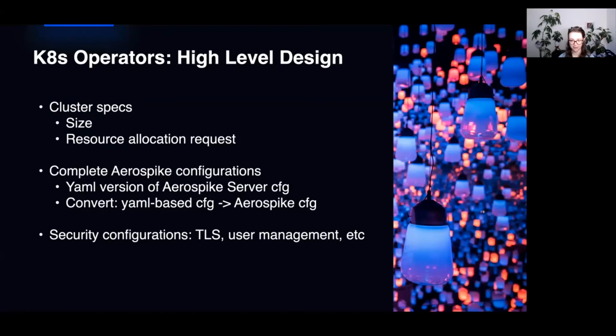And it handles the complete Aerospike configurations. So yes, it has the YAML version of the Aerospike server configuration, and it converts from the YAML-based ones to the Aerospike language configuration. It also handles security configuration, TLS, and user management, and so on.